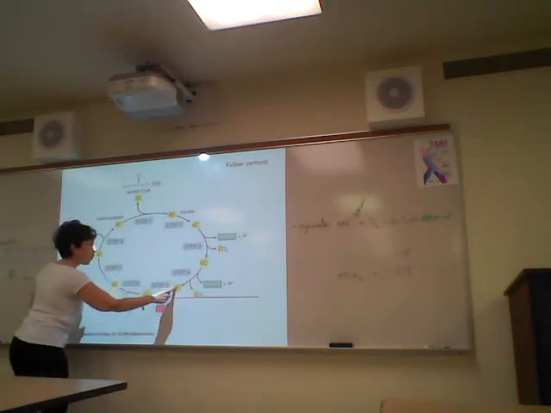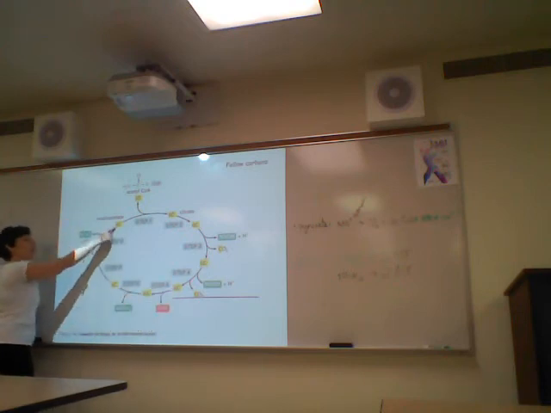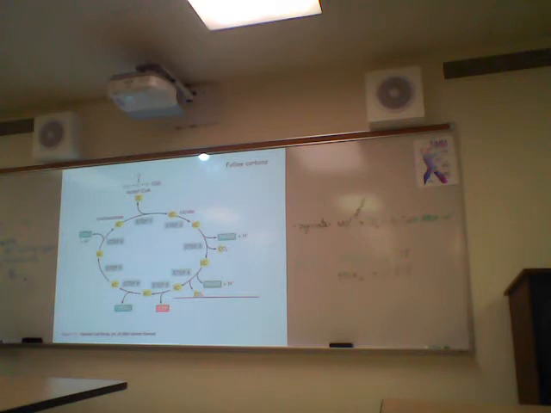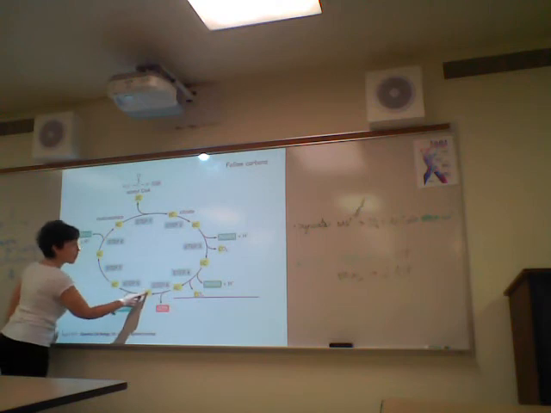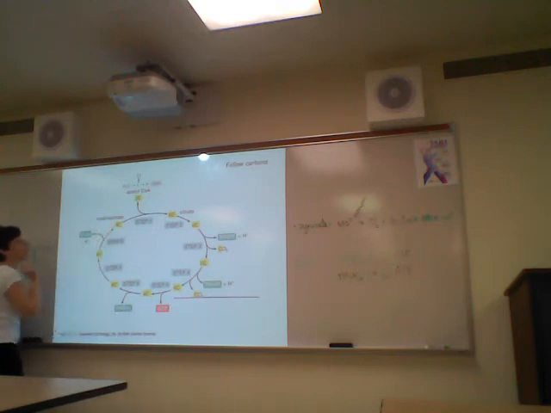And then for the whole left side of the cycle, we stay a 4 carbon unit. Kind of odd. So we stay 4, but we generate a GTP. We stay 4 again, but generate an FADH2. We stay 4 again and generate an NADH. And this is the malate oxaloacetate conversion right there.